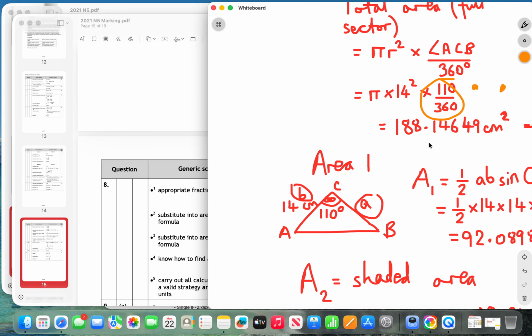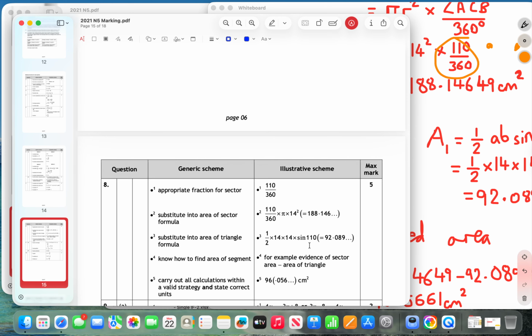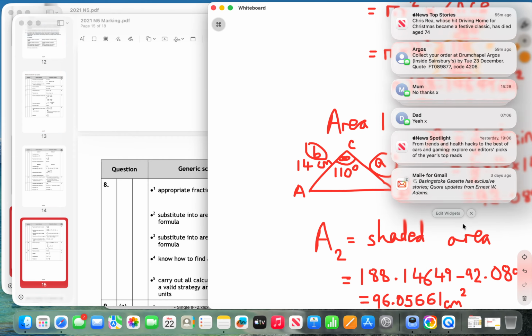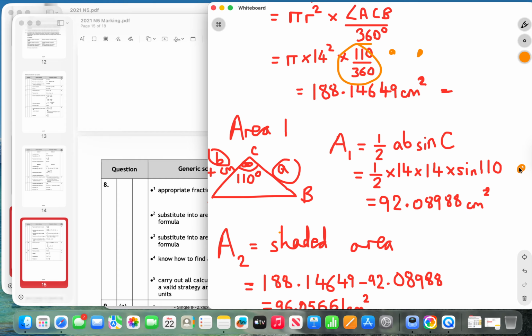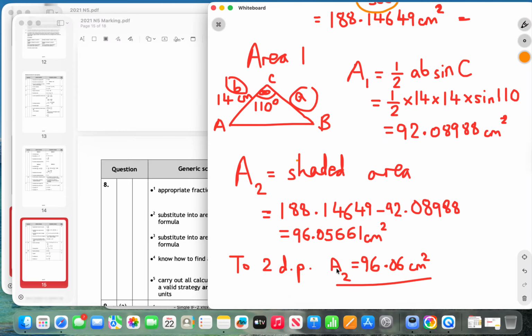You don't have to evaluate that to get the second mark. You then have to get this to get the third mark, but you do not need to evaluate it again. The fourth mark is for knowing how to find the shaded area, even if you get the wrong values. As long as you understand the method of how to do it, that's a method mark.